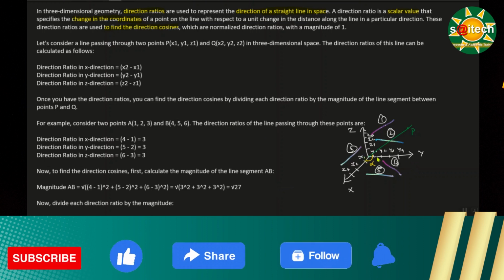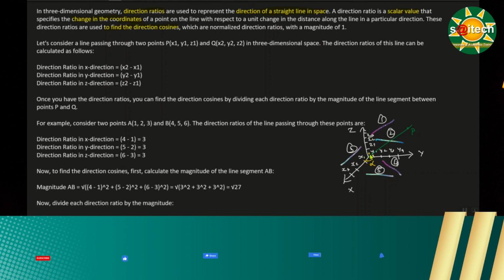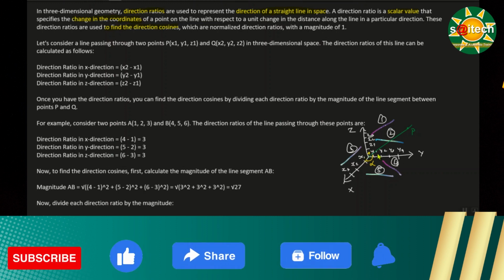It is the angle between OP and the y-axis. So this is beta. And this one is gamma, between the z-axis and OP. So this is called gamma.